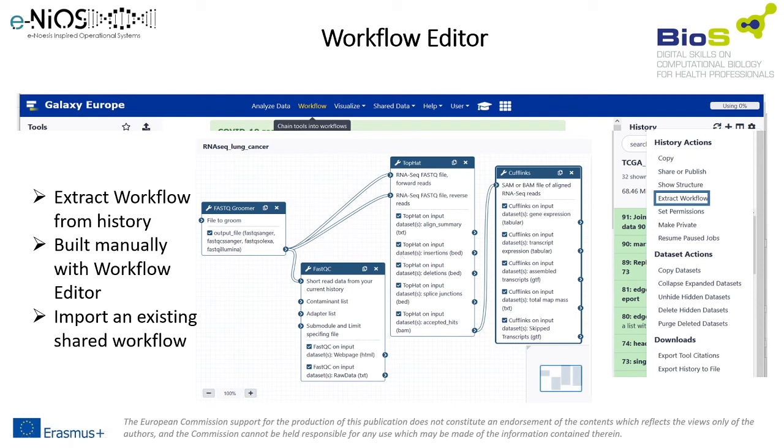The tools can be viewed as tiny Lego pieces. Each one solves a specific problem, and they can be combined together to build complex analysis pipelines. Finally, another option is to import a workflow of somebody else who has shared his or her workflow with you.